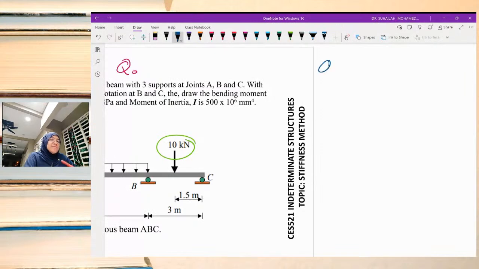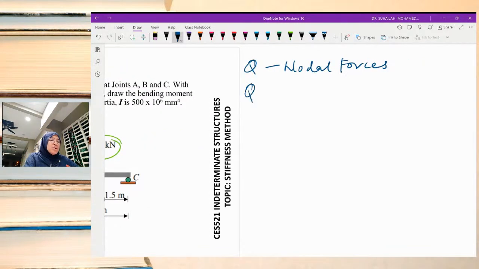So we have Q, nodal forces. Nodal forces means whatever force that is subjected directly at nodes, so we call it nodal forces. We have Q naught, the equivalent nodal forces.